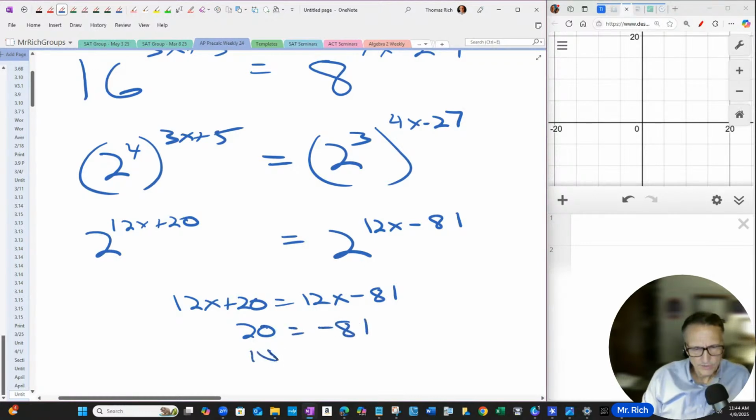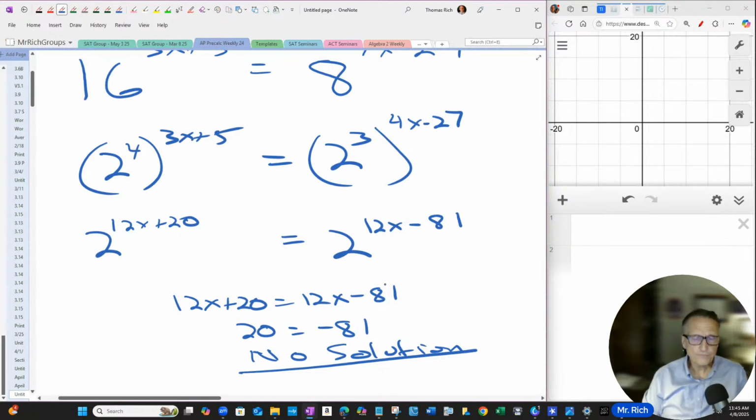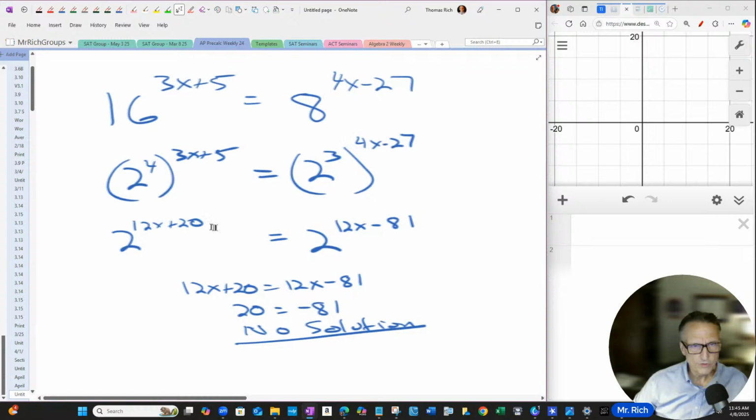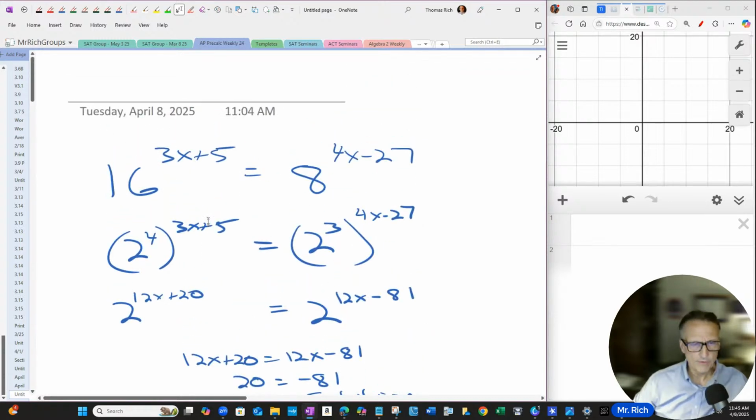That tells us there is no solution here, because when you try to solve a linear equation and the variables disappear in your algebra process and you're left with a statement that's just not true, 20 is not equal to negative 81, then that tells you that there's no solution. Therefore, there is no solution to the original equation that we were solving.